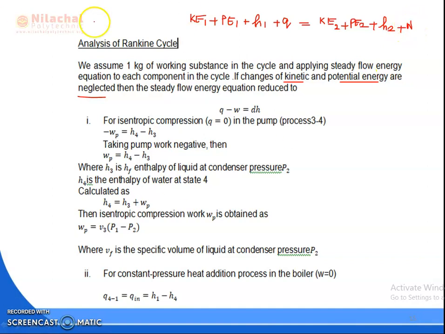This is the steady flow energy equation per unit mass. If you write this in terms of change, kinetic energy at 2 minus kinetic energy at 1 is your change in kinetic energy.